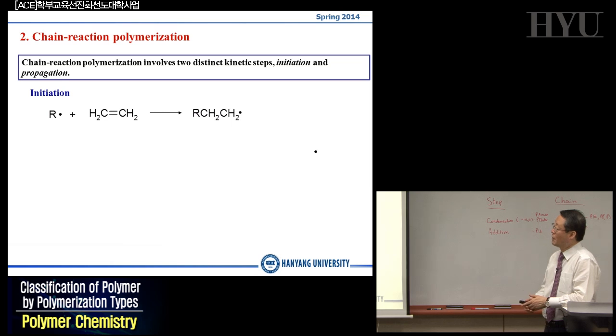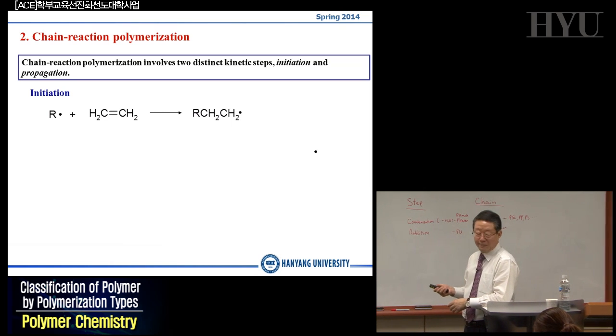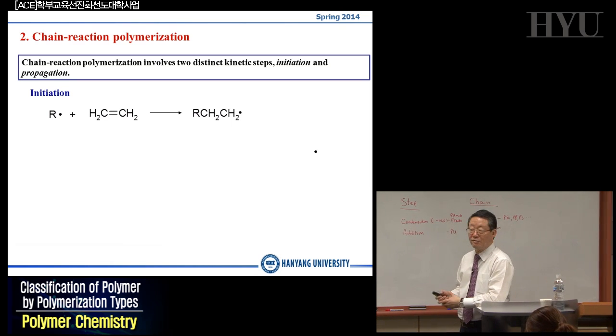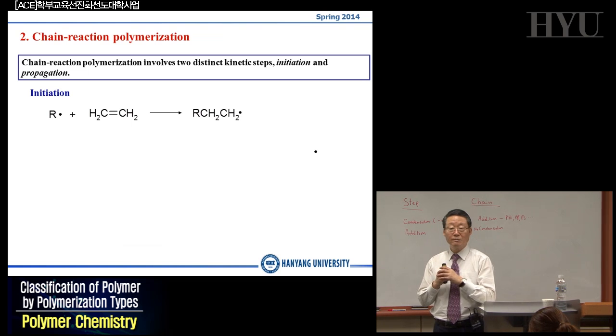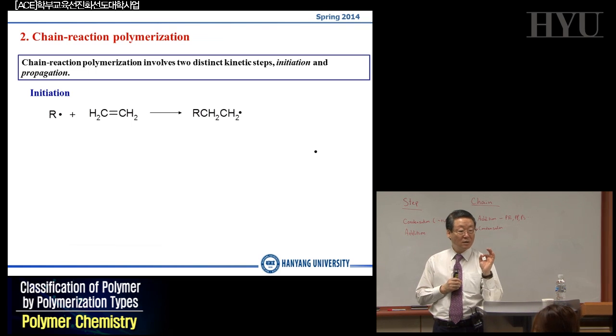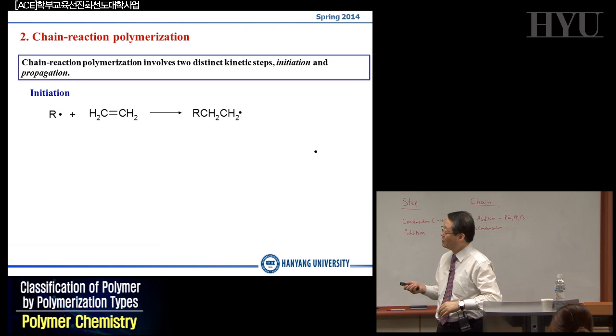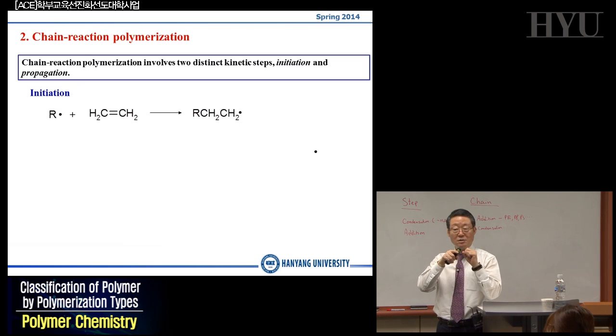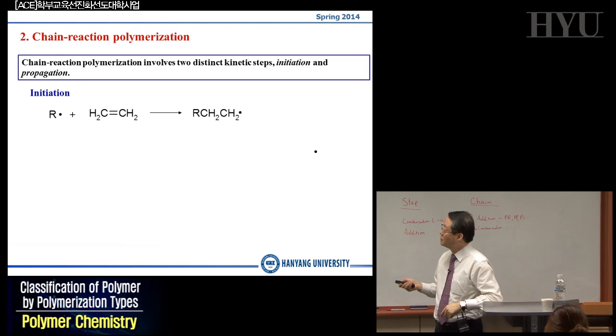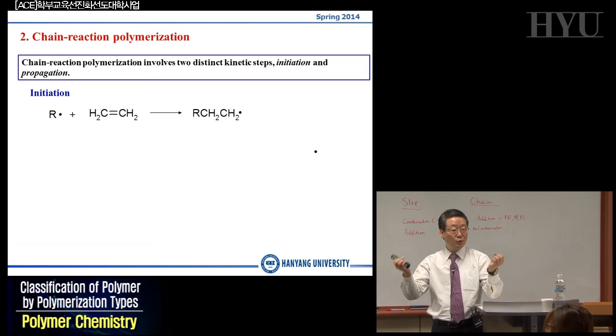Initiation. In the case of ethylene monomer, if you have a radical, for example, once you've generated a radical, the dot means that you have an electron. So the electron, the radical, will attack this double bond. So the double bond will be cleaved into two radicals.